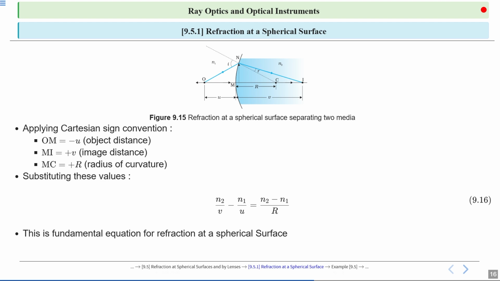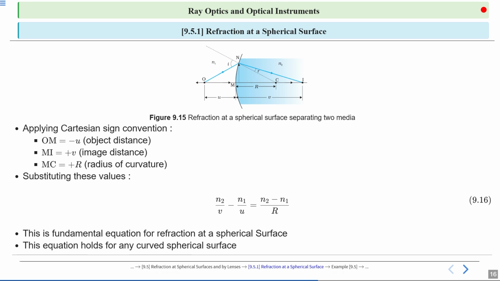Only you have to apply the sign conventions while putting the values of v, u, and R for a particular surface. Now this equation holds for any curved spherical surface. For concave, for convex, object in denser medium or in rarer medium, it is applicable for all cases. Only you have to take care about the sign convention.